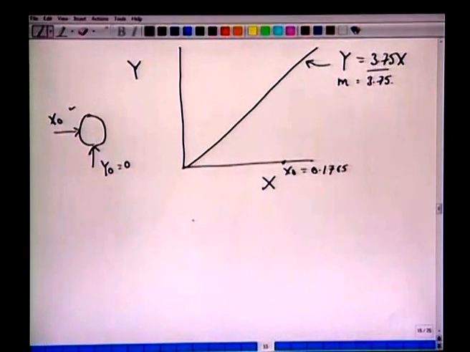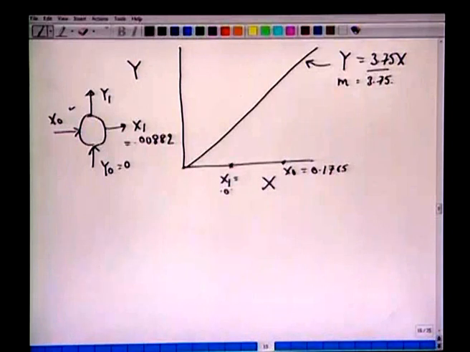Okay. At the exit, we do not know y1, but we know x1, and x1 we said is 0.00882. So, we can mark this point, of course, we do not know y1.